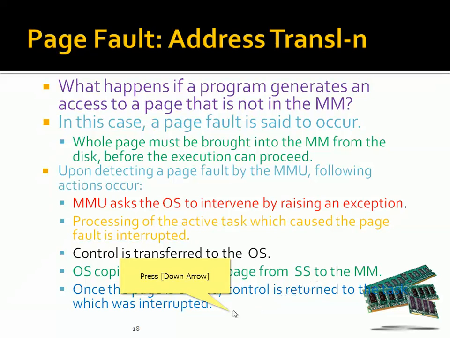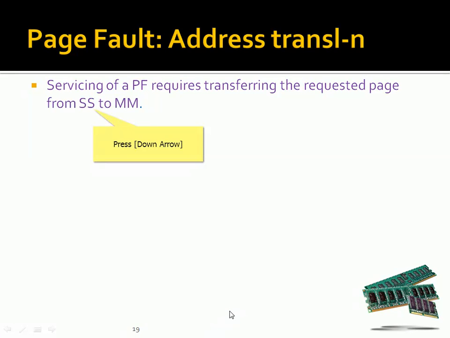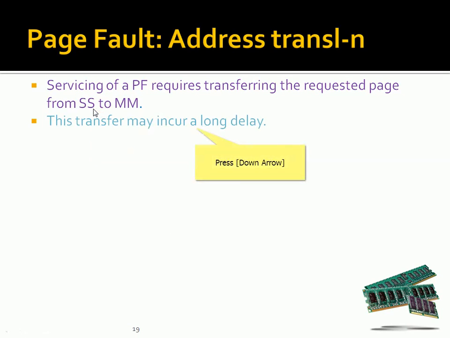Servicing of a page fault, that is PF, requires transferring the requested page from secondary storage to main memory. This transfer may incur a long delay, right? Secondary storage is basically an electromechanical device.